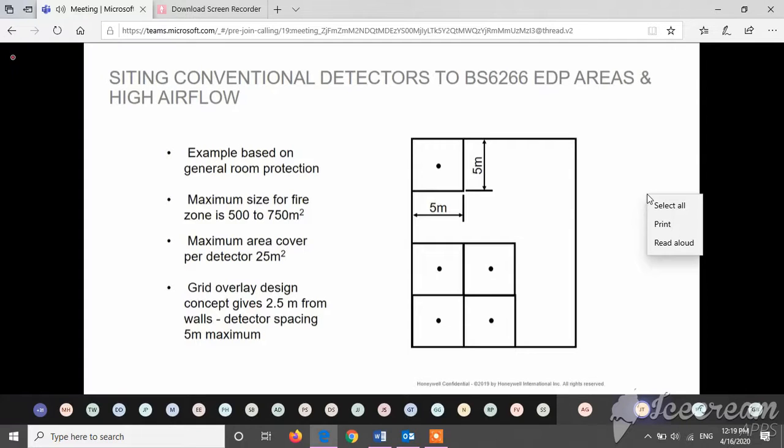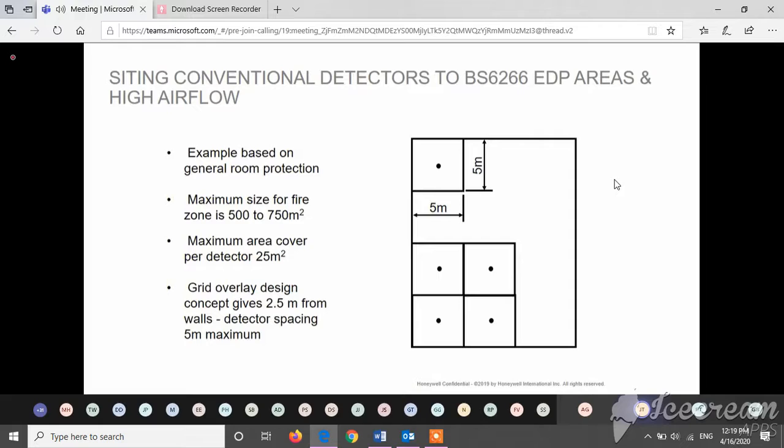It'll say to use a Class A system in that space on the ceiling. Once you get to high or critical, it will say to use a high sensitivity Class A system on the ceiling and on the primary detection. So it does give you a guide of what you're supposed to do depending on the risk. And obviously you can help your customer or client discuss what risk category they fall into.